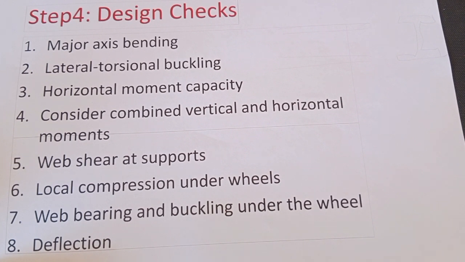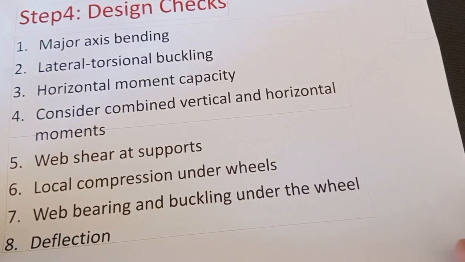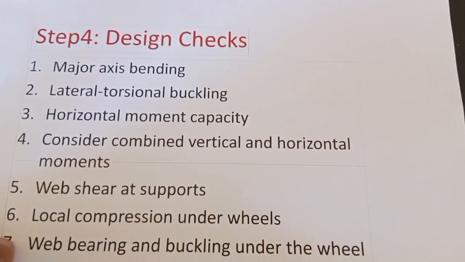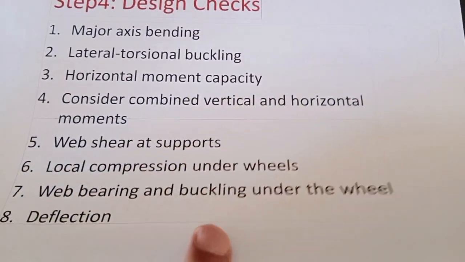We have horizontal bending for top flange, and also major bending for whole section. We have major bending, lateral torsional, and combined action of bendings. These are all we need to have to check for girder. And remember, after this, we need to check for bracket and also the column.